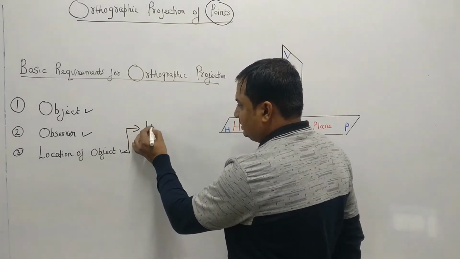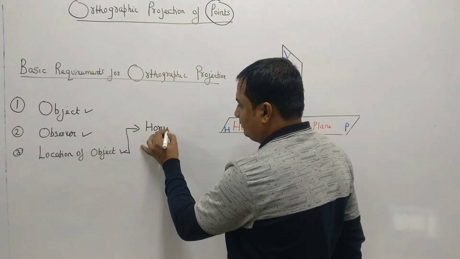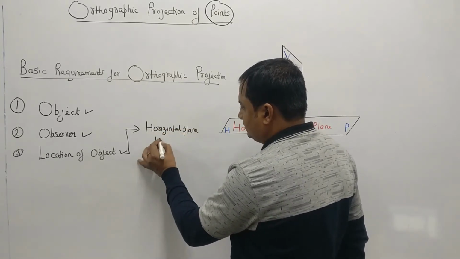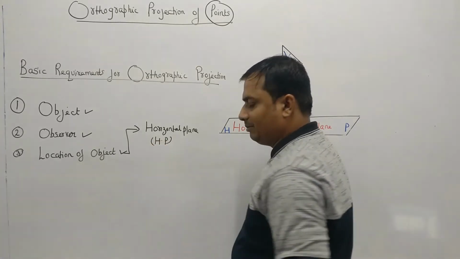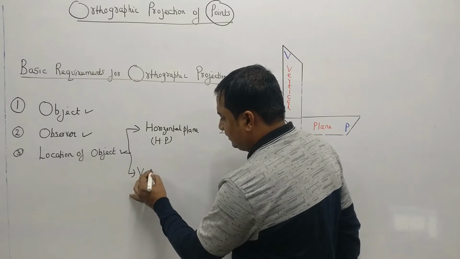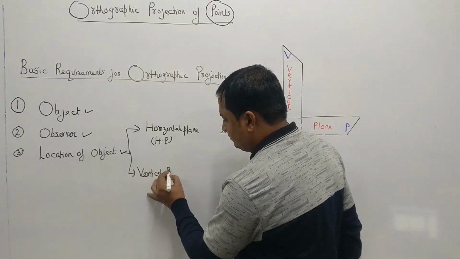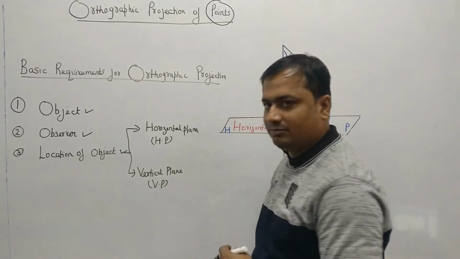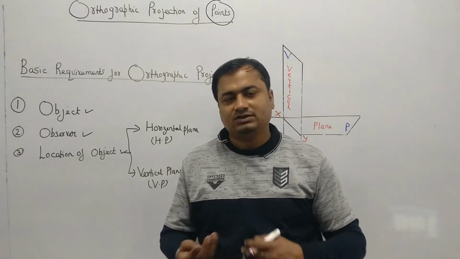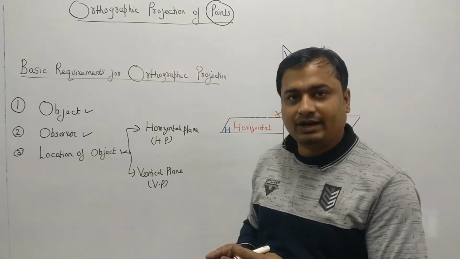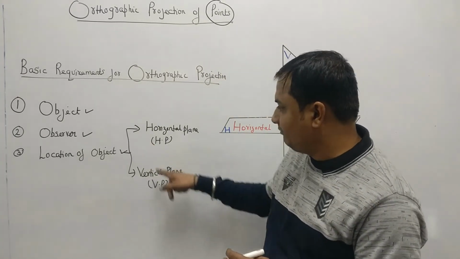The first is the horizontal plane, that is represented as capital H, capital P, HP, and the second plane is the vertical plane, that is VP. And there is one more plane, that is the profile plane, on which the side view is projected. So the object is always located with respect to this HP and VP.